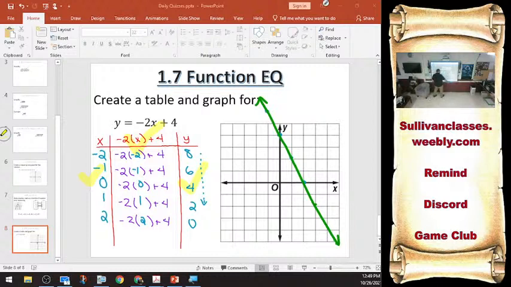Did you plot your points, and then finally, were they the correct points? Okay. It's all about that process. Score it up. Okay.